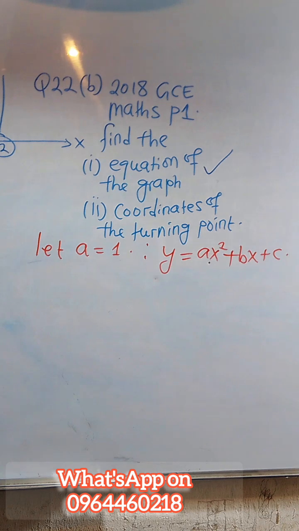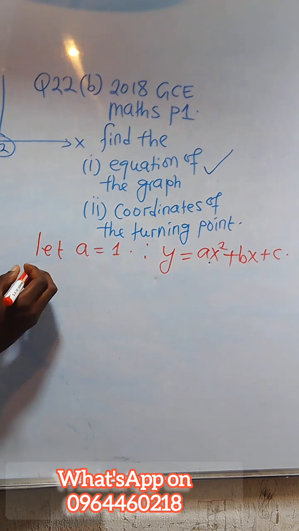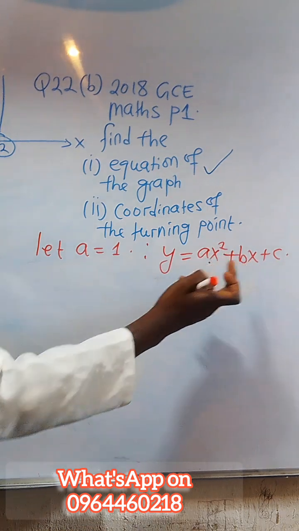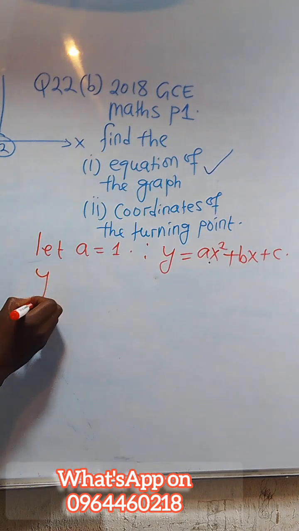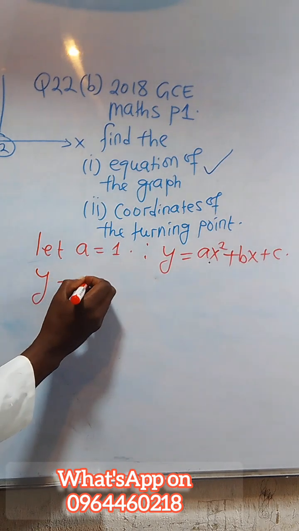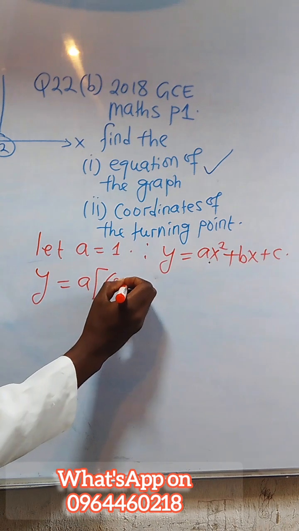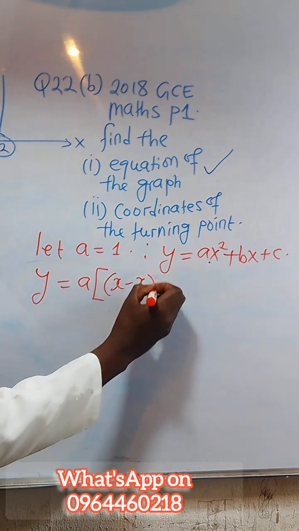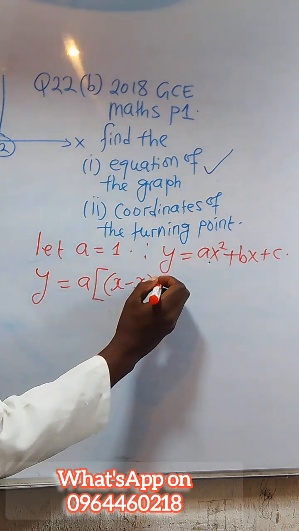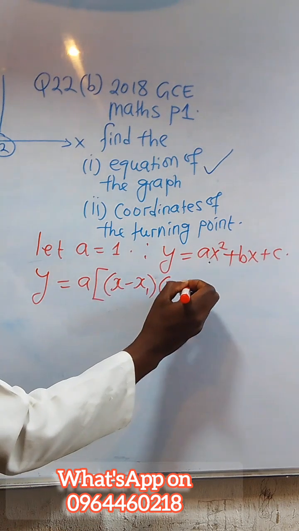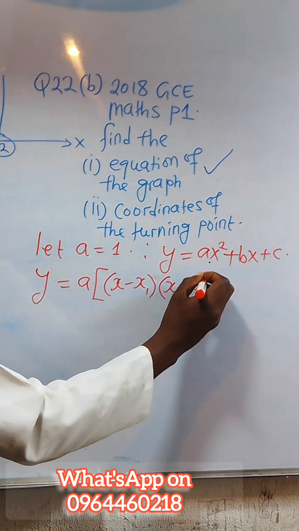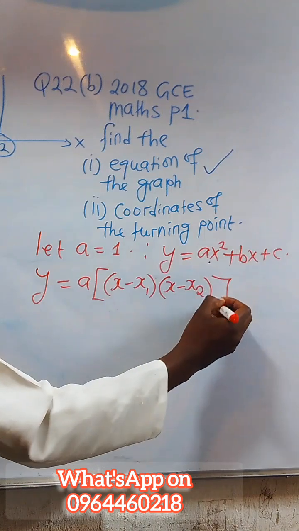Now we can say y is equal to a, in square brackets, (x minus x1)(x minus x2).